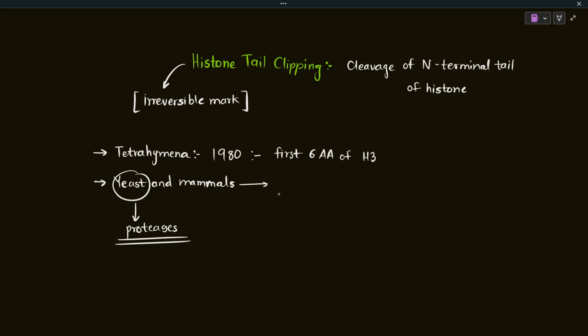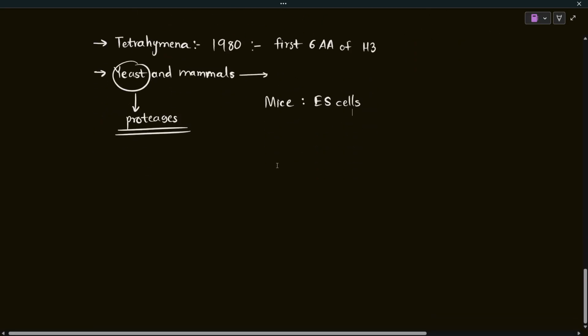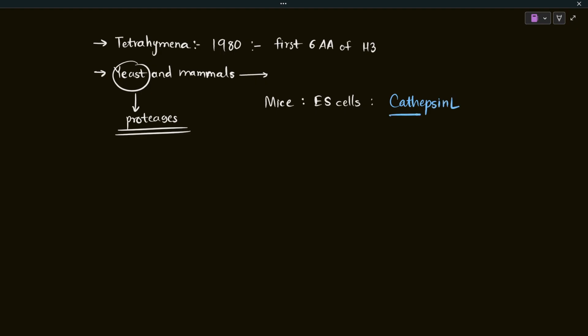But in mammals, when the mouse embryonic stem cells were being studied by researchers, they found out that there's an enzyme known as cathepsin L that cleaves the N-terminal tail, and this cleavage of the N-terminal tail results in cell differentiation.